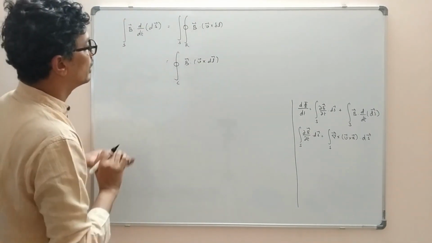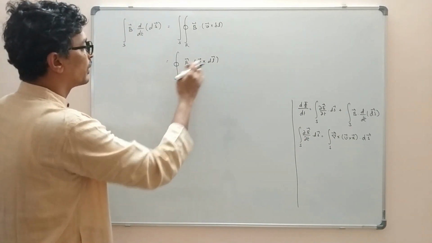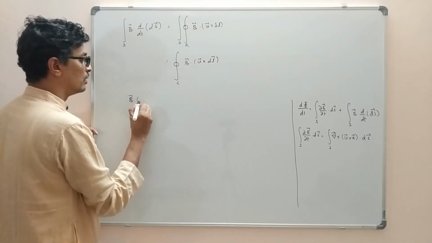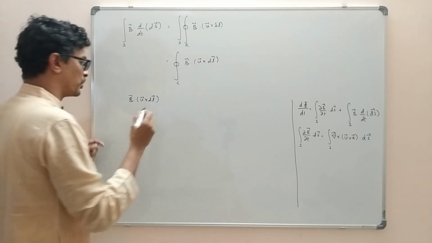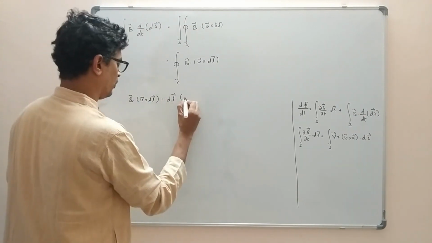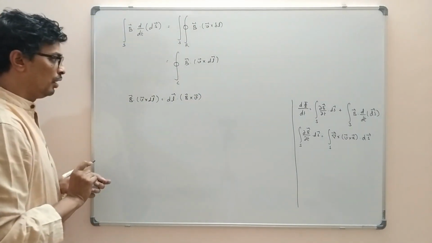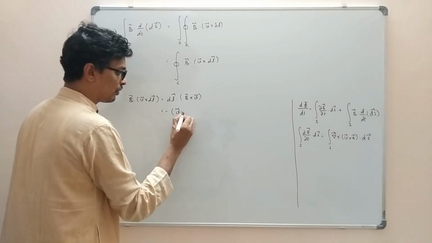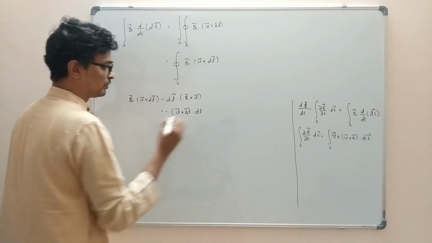So now let me try to do some jugglery here. We can always write this cross product as B vector dot V cross dl. We can use the cyclic property and write it as dl dot B cross V. So I can write this as minus V cross B dot dl.